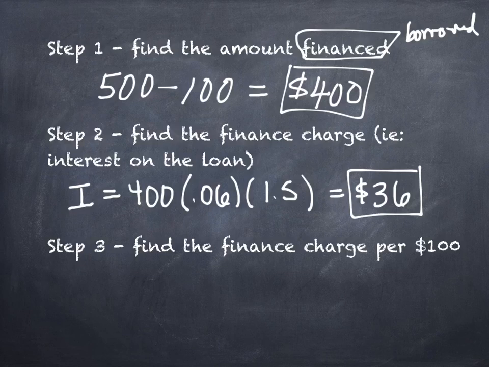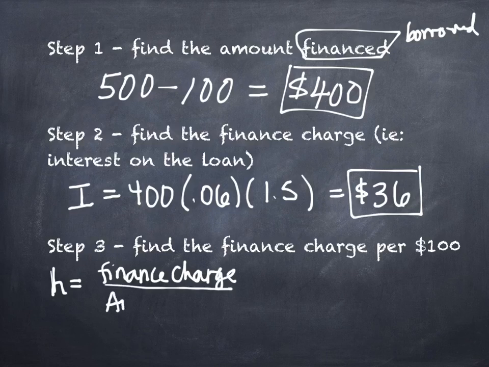Step 3, find the finance charge per $100. So let me show you how this works. This is actually called H later on, so I'm going to define it as H right now, okay? What you do is you take the finance charge, you divide it by the amount that you're financing, and you multiply it by $100.